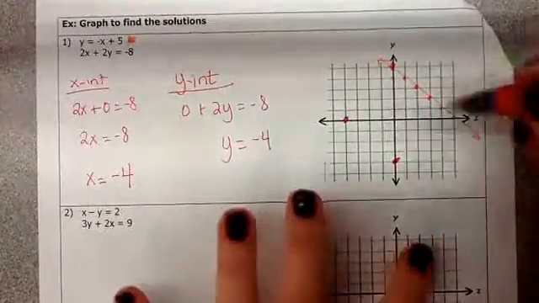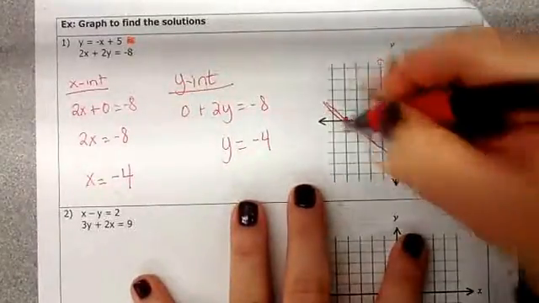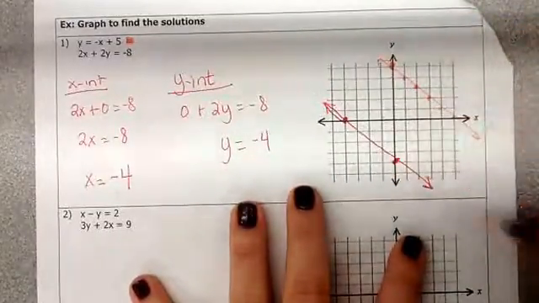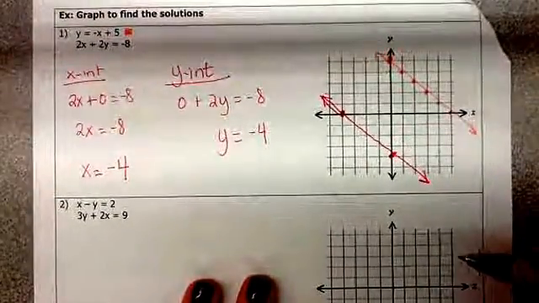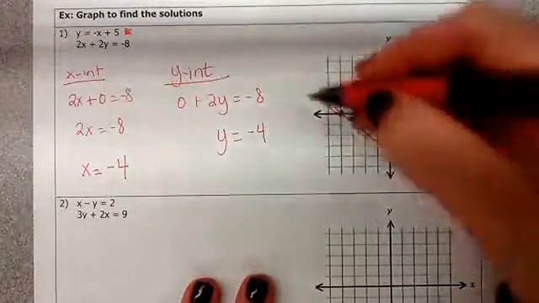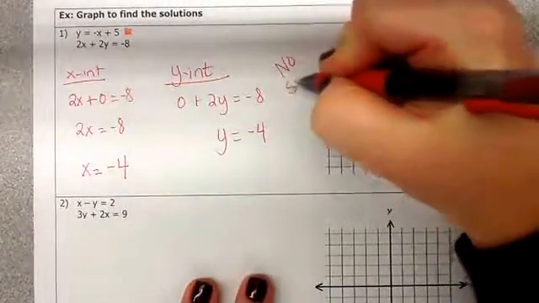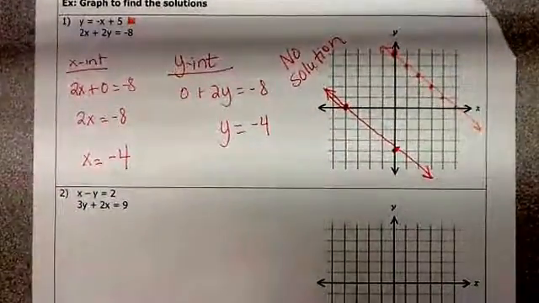If I connect those, use a ruler or a straight edge. What do you know about these lines? They are parallel, so there is no solution. Parallel lines have no solution.